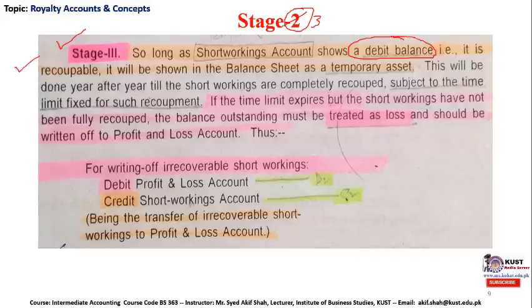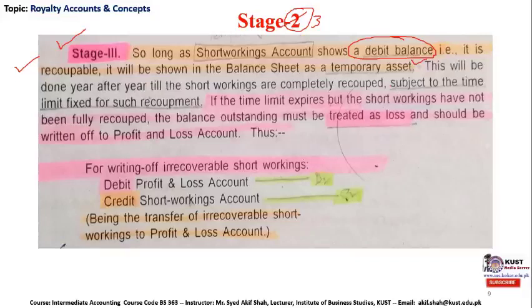Until and unless the short working is shown on the balance sheet as a debit balance, it will be shown as a temporary asset until it is recouped fully, or the time has lapsed and expired to recoup.